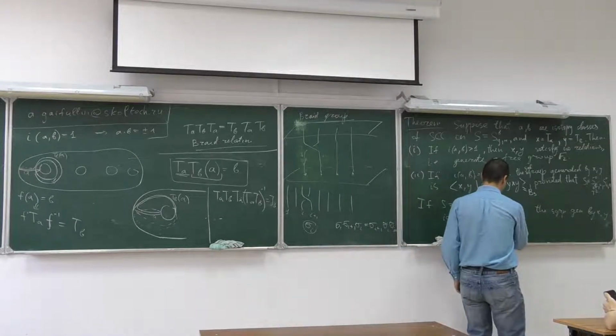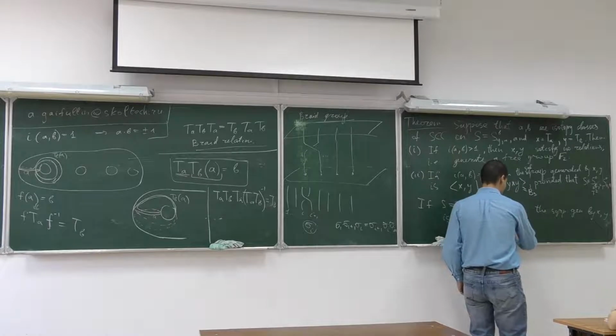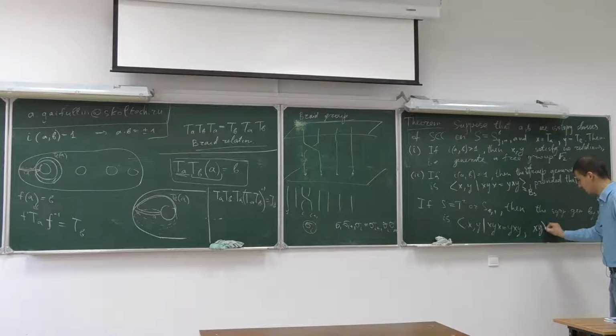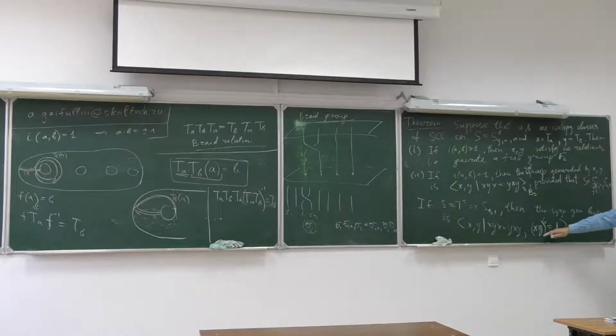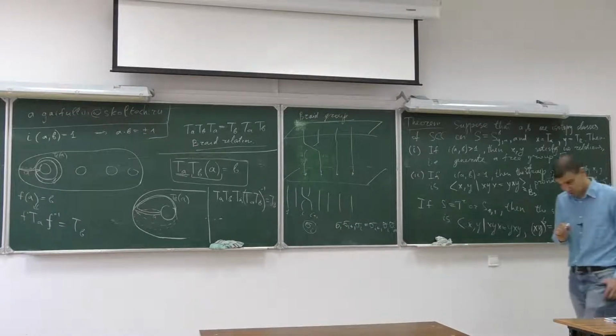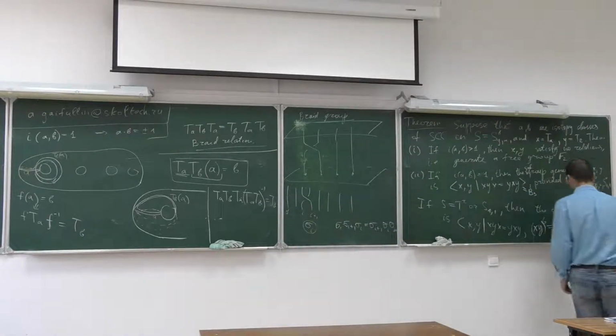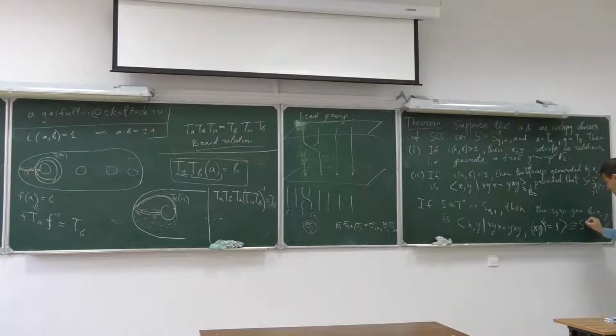We have the same braid relations, but additionally we have the following relation: (XY) to the power 6 is 1. So we indeed have these exceptional cases, and this one is SL2Z. This one is the braid group.